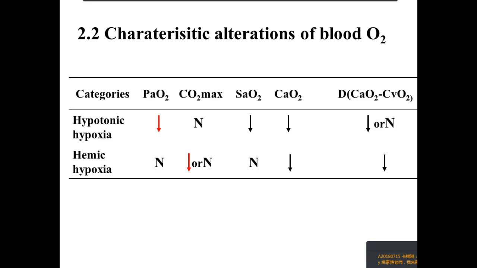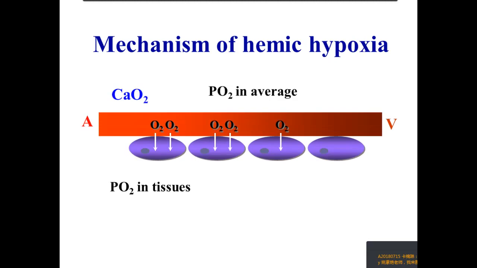So oxygen content in arterial blood decreases, and the arteriovenous difference of oxygen content decreases. Also, because oxygen content in arterial blood decreases, the partial pressure of oxygen in capillary blood will decrease.